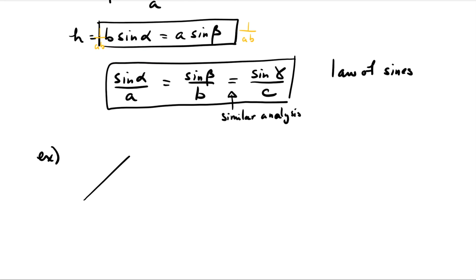So here's a triangle, and we're given two angles, 30 degrees and 50 degrees. Notice that none of the angles will actually be 90 degrees. We can easily find the other missing angle by subtracting 50 and 30 from 180.